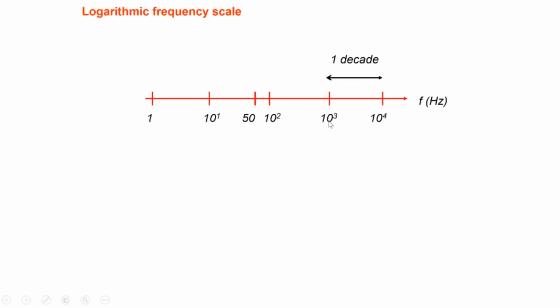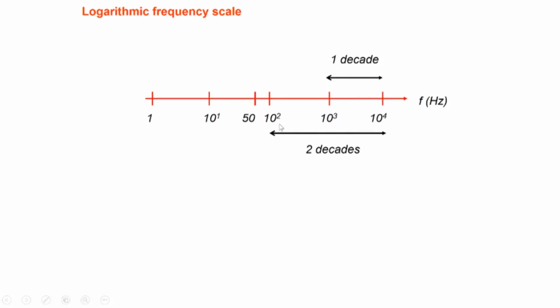When we're talking about a range of frequency from 10 to the power 3 to 10 to the power 4, a factor of 10, we call it 1 decade. So if somebody says the signal is varying in this manner over 2 decades, instead of saying it's varying from 10 to the power 2 to 10 to the power 4, this is 1 decade, 10 to the power 2 to 10 to the power 3, and 10 to the power 3 to 10 to the power 4 is another decade.